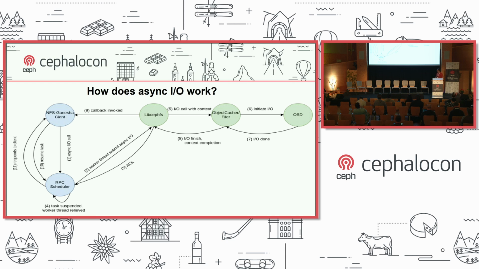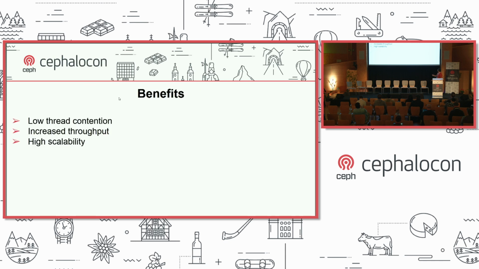Just FYI. So that's how this async I/O works. So what do we get? We would benefit a lot with the low latency operations. There is low thread contention, and obviously the throughput is high, and so is the scalability.